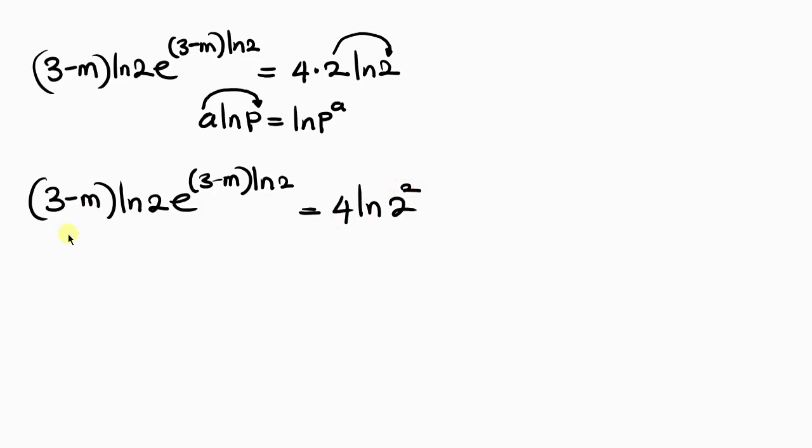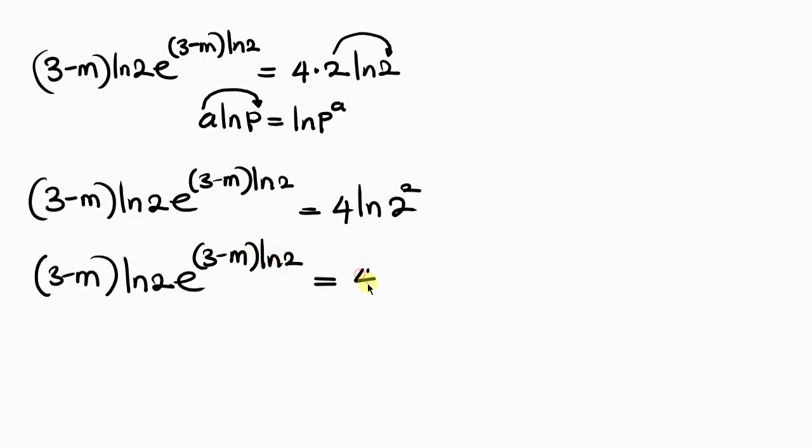And now simplifying further, we have 3 minus m times ln 2, e to the 3 minus m times ln 2 to be equal to 4 times ln 2 to the 2, which is 4.